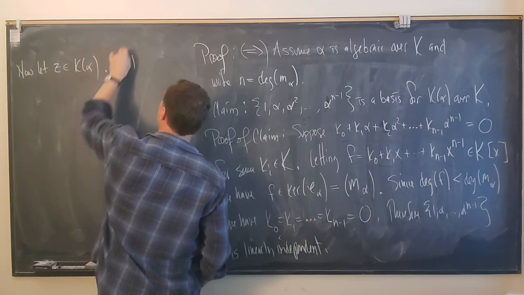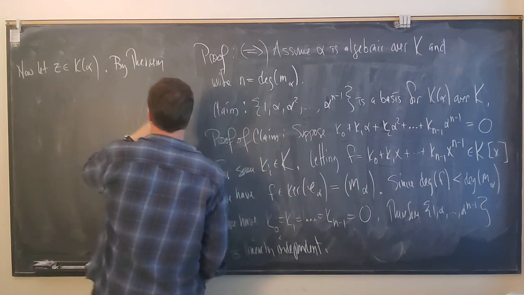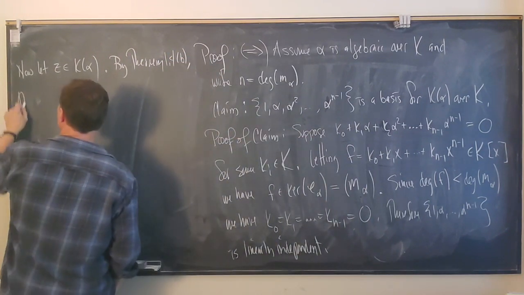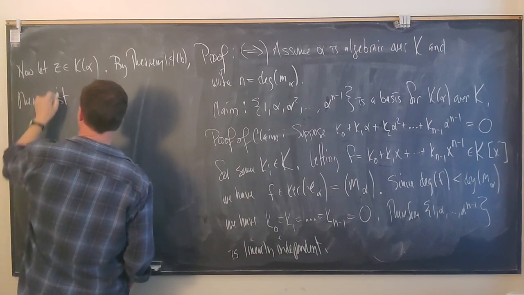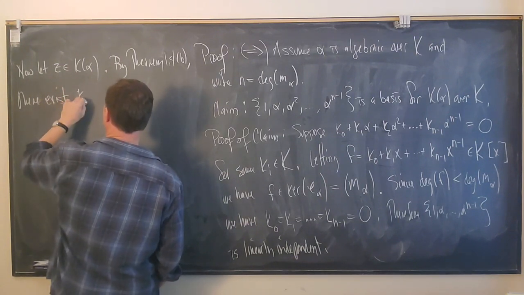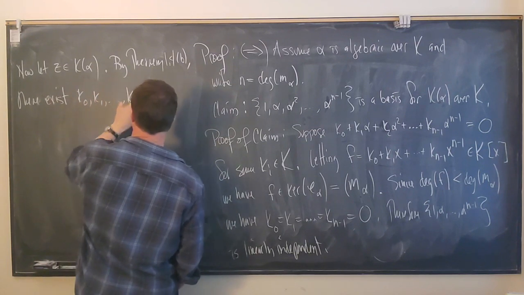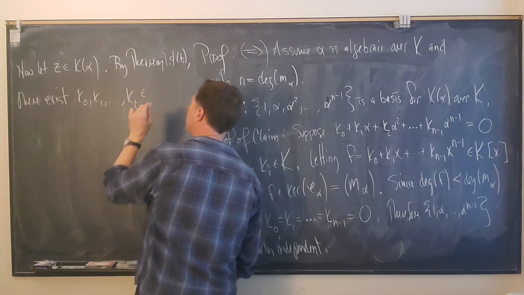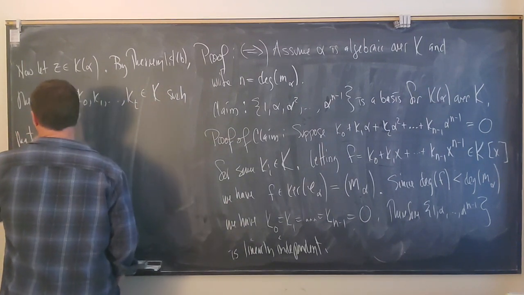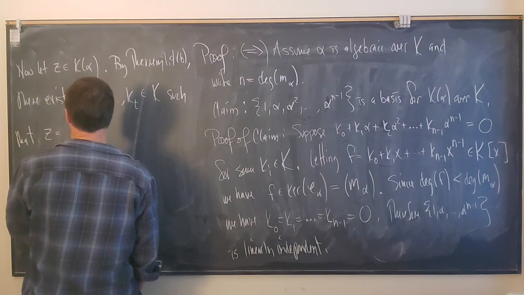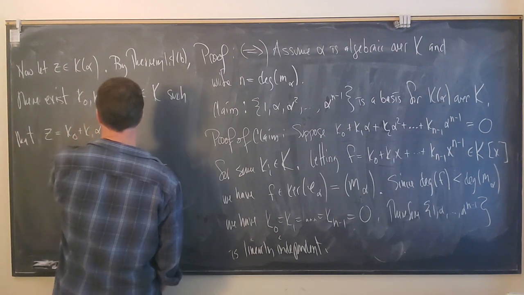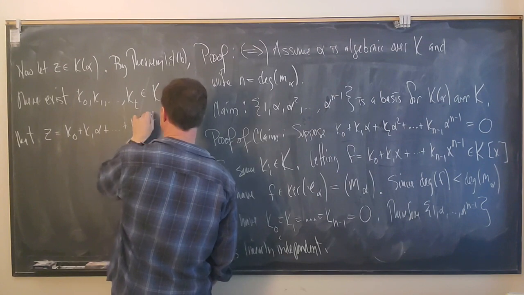So by theorem 1.4b, there exist, I can use k's again, k0, k1 up through k sub t in K such that Z is equal to k0 plus k1 alpha plus dot dot dot plus k sub t alpha to the t.